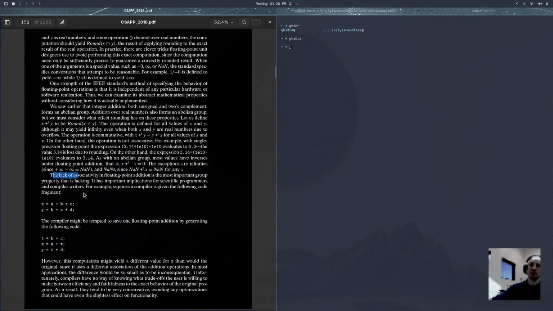Basically the associativity is lost, so you can't group together B and C, because A and B need to be evaluated first before C can be added to it. You can't rearrange things because you don't have infinite precision and you only have a certain range of values in floating point.